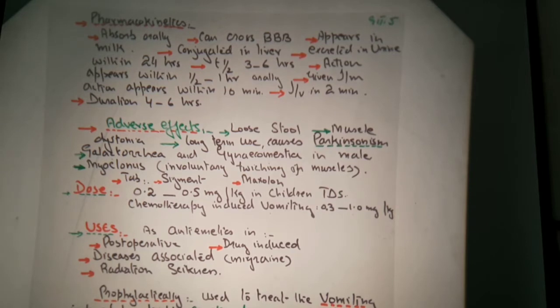We have discussed Parkinsonism in detail, what the disease is, its signs and symptoms, and how it occurs, so there is no use repeating that. It also causes galactorrhea and gynecomastia in males. Galactorrhea is the appearance of milk, and gynecomastia is the appearance of female characteristics in the male, which occurs when these drugs are used for a long period of time.